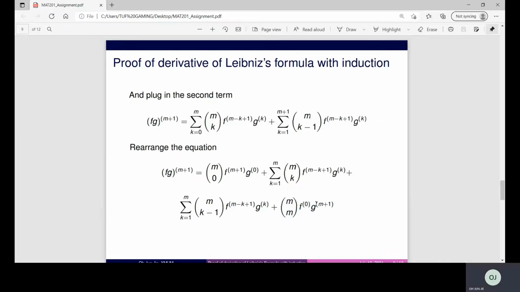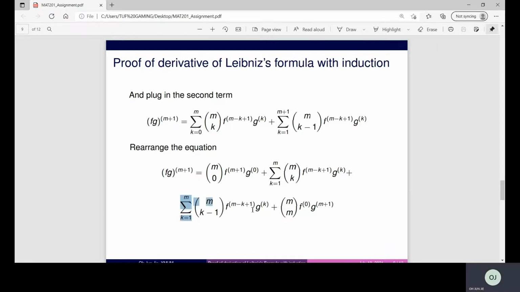We'll get the binomial m to m times the derivative of order 0 of f times the derivative of order m plus 1 of g, plus the sum from k equals 1 to m of the binomial m to k minus 1 times the derivative of order m minus k plus 1 of f times the derivative of order k of g.